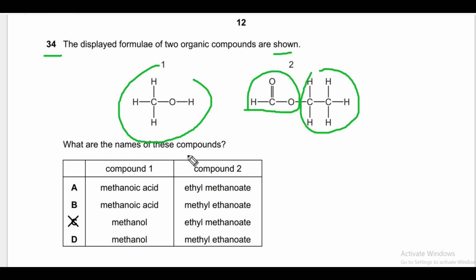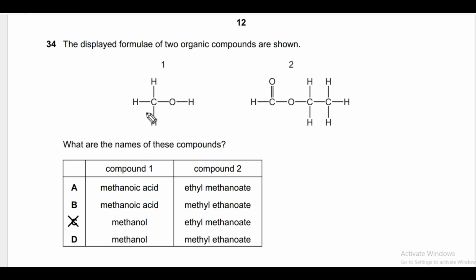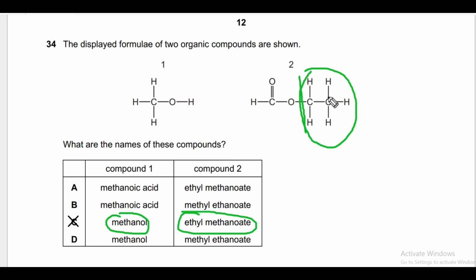What are the names of these compounds? This one is methanol and 2 is ethyl methanoate, because this is an ester. The 2 carbon alcohol part, C2H5, means ethyl, and the 1 carbon alkanoate is methanoate. So ethyl methanoate. That's why C is the right answer.